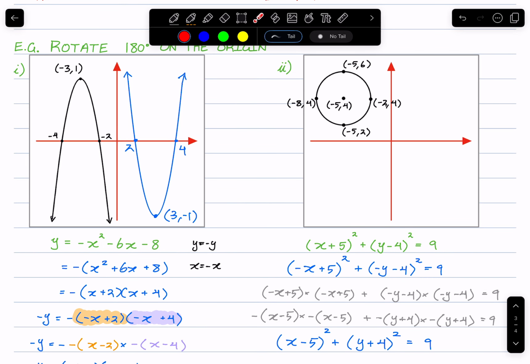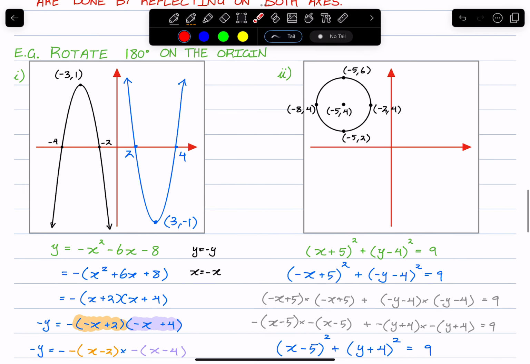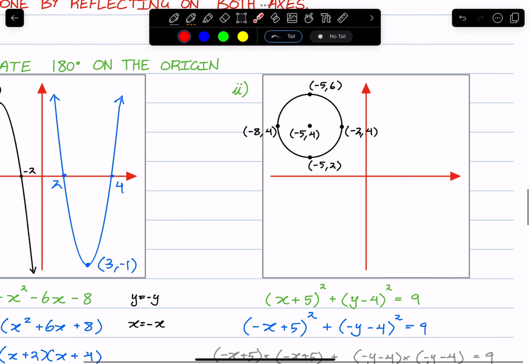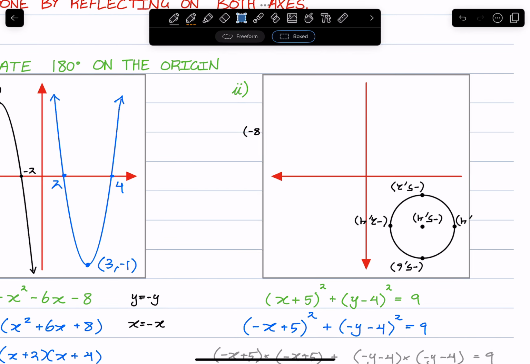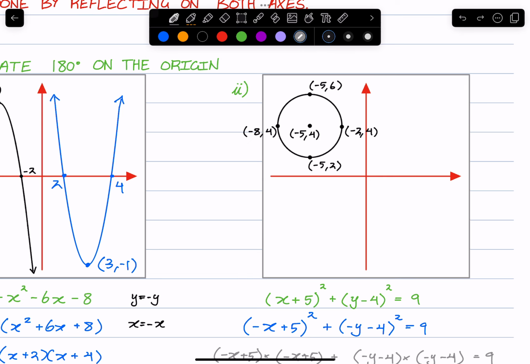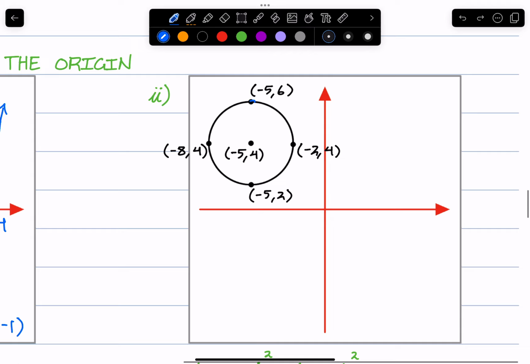And now, graphically, rotating this 180 degrees on the origin would look something like this. There's that 180 degree rotation, but obviously we can't just do that. I'm going to cheat a little bit and just draw a circle here.